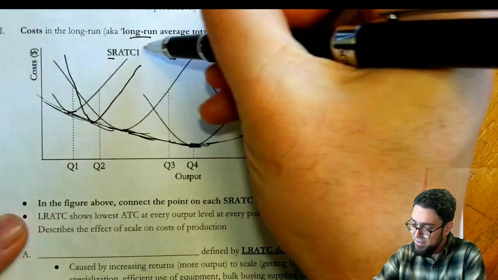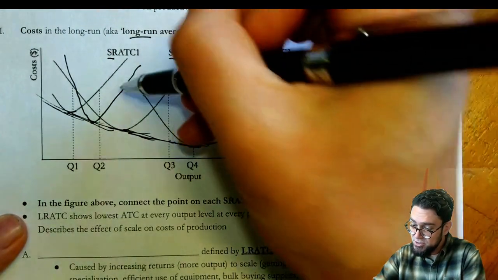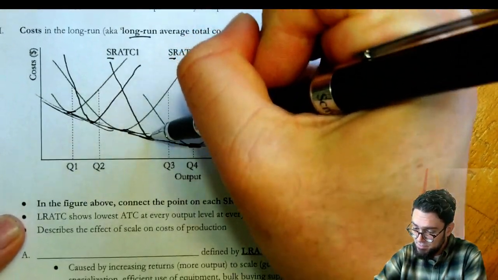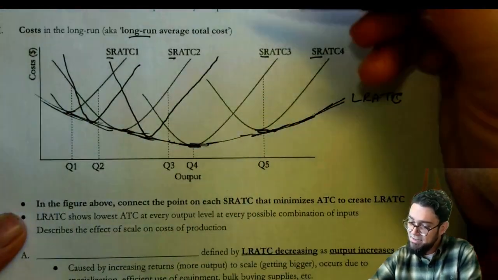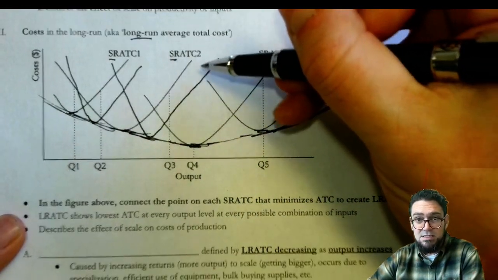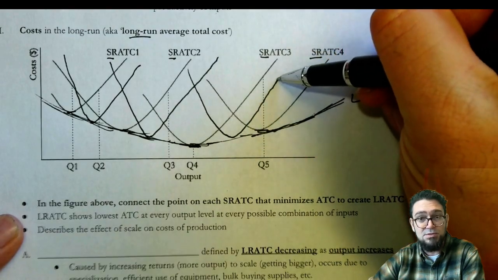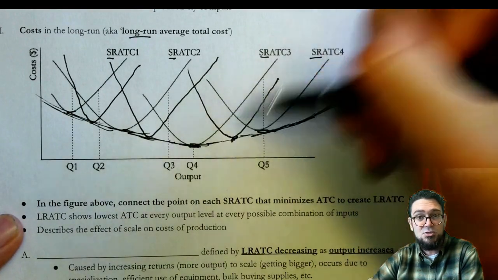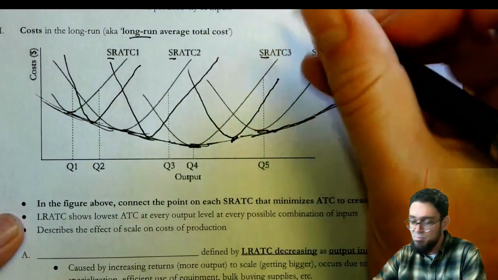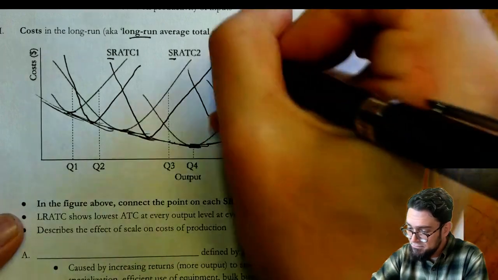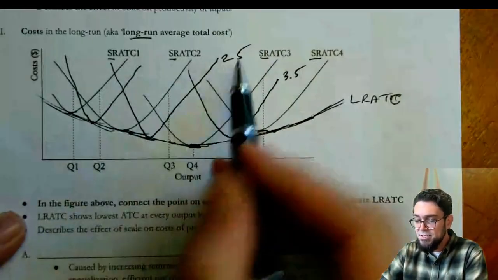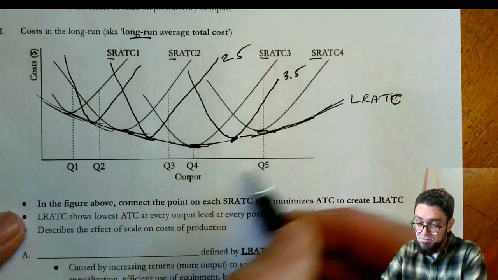And you might have another one that's SRATC 2.5, and that one might be right about here. And then you might have an SRATC that's even a little bit bigger. And I actually think I was misquoting the numbers on that one. So this one would be SRATC 2.5, or no, this is 3.5, right? So that's 3.5. This is 2.5, and you can imagine that you would even have little intervals in between each of these.